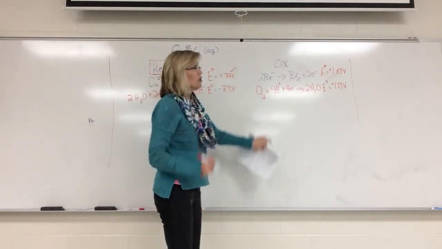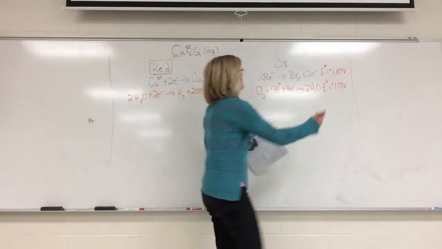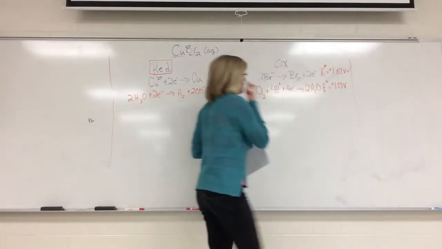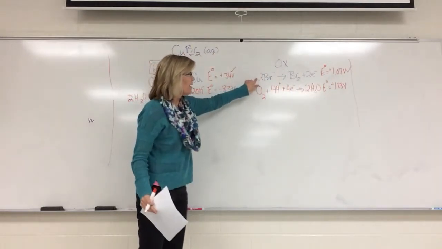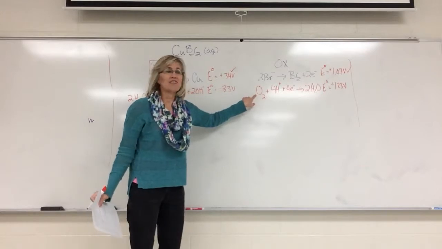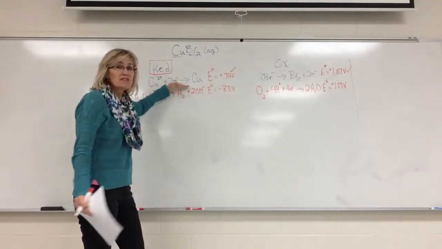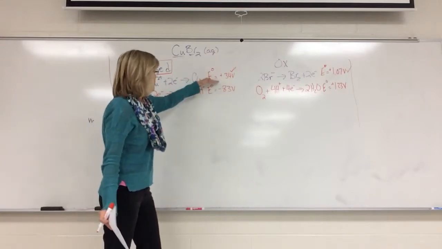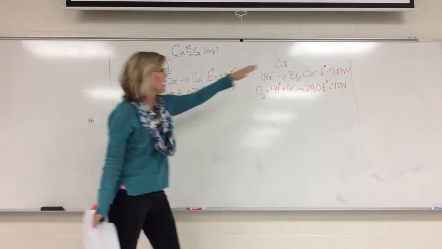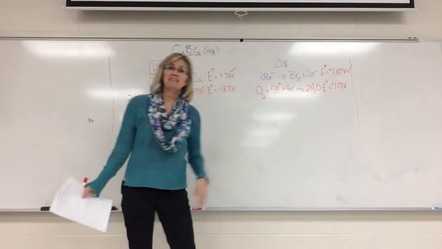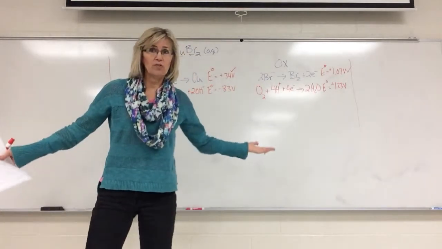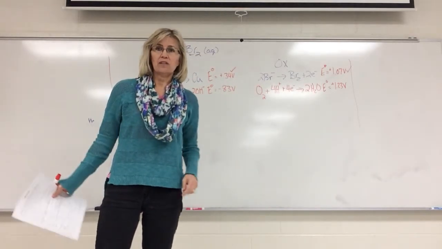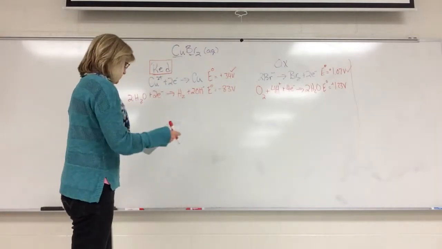So which one has the lower reduction potential? Well, bromine does. Okay, so it will be oxidized before water's oxidized. So this would be a situation where in an aqueous solution you would get copper reduced and you would get bromine oxidized, and the water would stay unreduced and unoxidized. Okay?